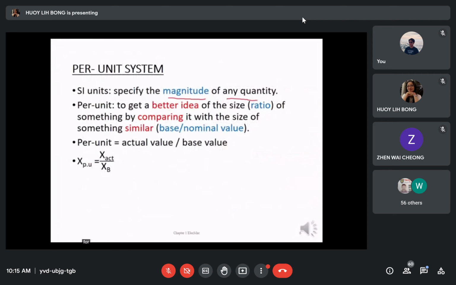A per unit system is a system or number which enables us to have a better idea of the size or ratio of something by comparing it with the size of something similar, which normally we use the base or nominal value.